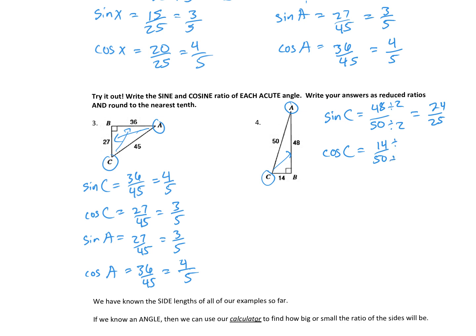Divide by 2 gives me 7 over 25. Finally, sine of A, opposite of A is 14, so 14 over 50. We already reduced that to 7 over 25. Cosine of A is then the adjacent, which is 48 over 50. We already reduced that to 24 over 25.